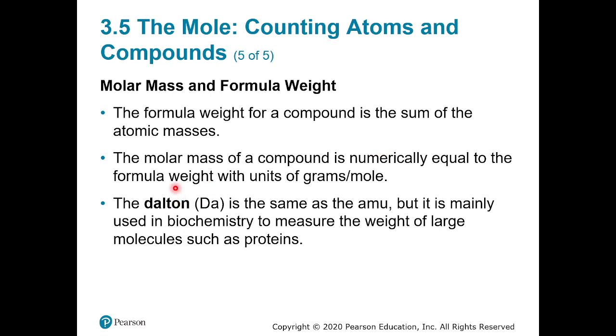Now, just to make things a little bit confusing for no real reason, biologists have decided to name something that was already named AMU, Daltons. So a Dalton, which is abbreviated Da, which you may have seen in the biology courses, they typically use those a lot, is an AMU. They're the exact same thing.